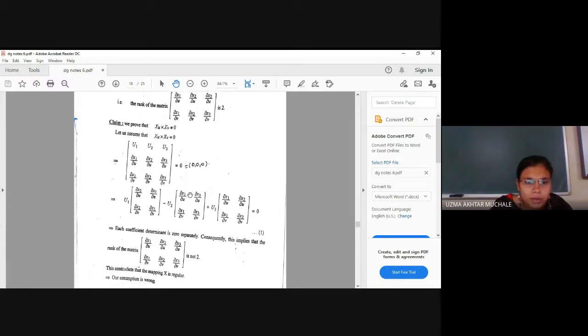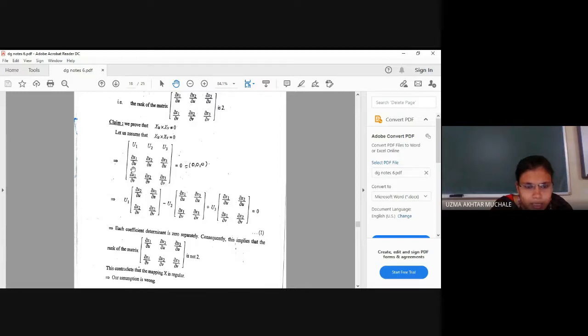Hence, if you want to prove xu cross xv is not equal to 0, let us assume that it is equal to 0. So how do you find xu cross xv? With the help of this, the first row will be u1, u2, u3, and the second and third rows will be the derivatives of x1, x2, x3 with respect to u, and with respect to v.